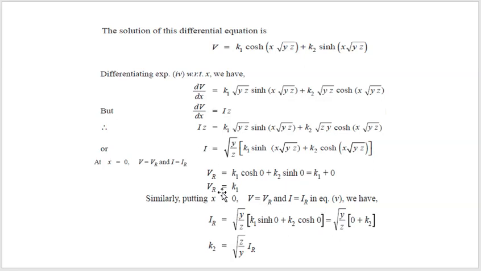What we get from the current equation is I receiving end will be equal to this equation, where x is equal to 0 gives √(y/z) into 0 plus K2, where sinh(0) is equal to 0 and cosh(0) is equal to 1, which gives K2 is equal to √(z/y) into Ir.